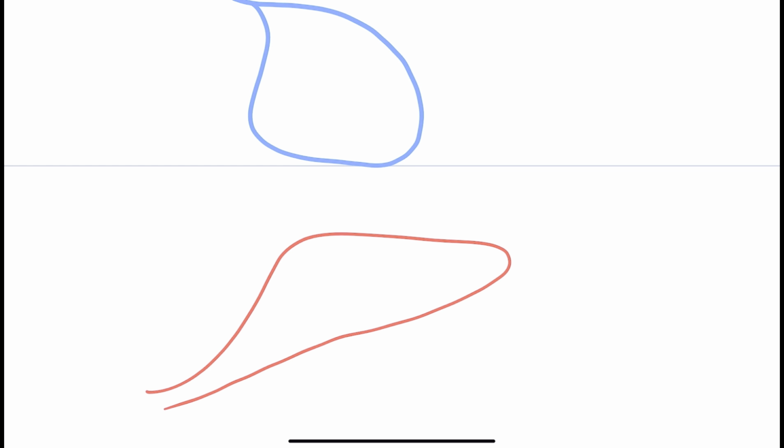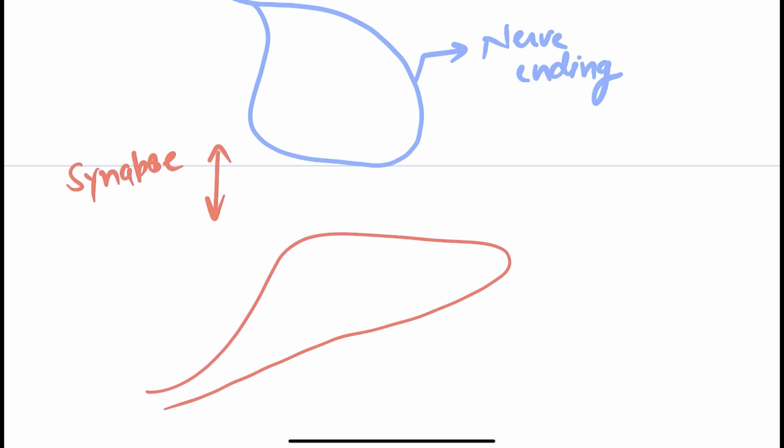So let me label it for you. This is the nerve ending of the previous neuron, this is the gap which I'm calling the synapse, and this is the dendrite of the further neuron, right?